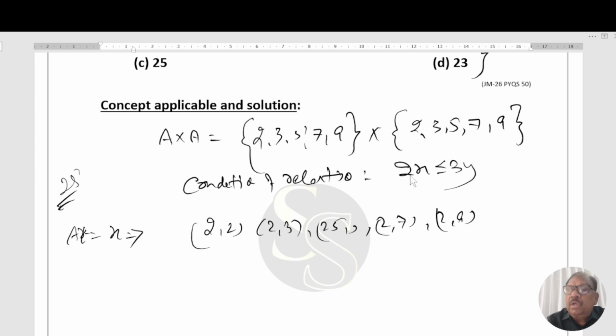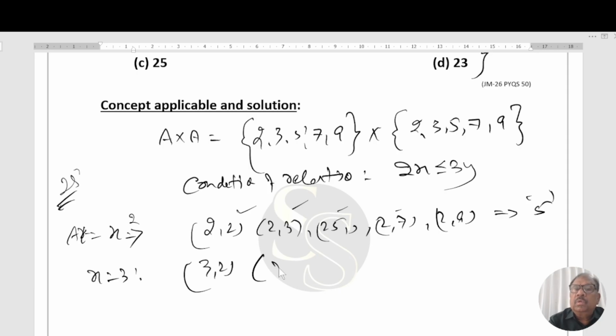Check, ये कंडीशन सेटिस्फाई होती है उसको टिक कर दो। 2, 2, 4, 6 करेक्ट, this is correct. So this gives 5. At x equal to 3, look at (3, 2), (3, 3), (3, 5), (3, 7), (3, 9).